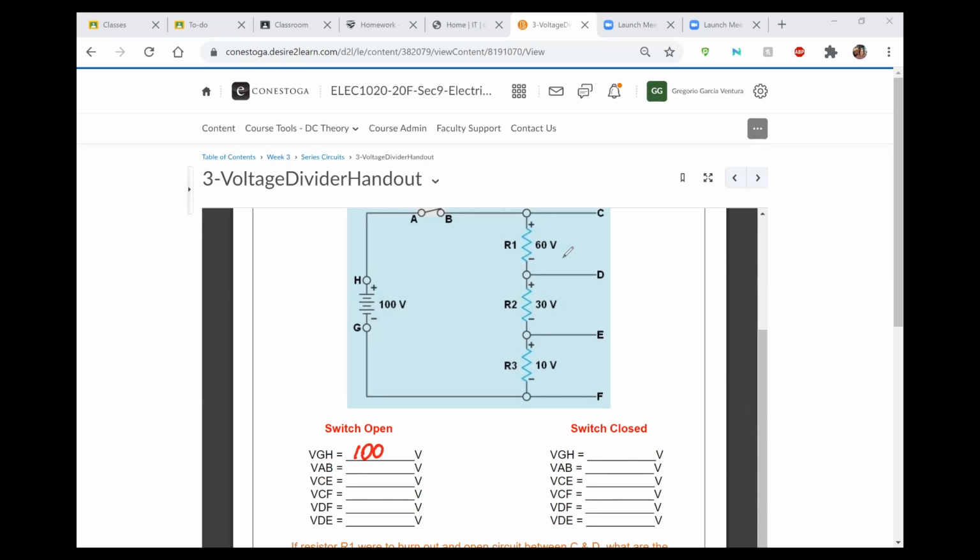So your voltage is going to be divided according to the value of your resistor.